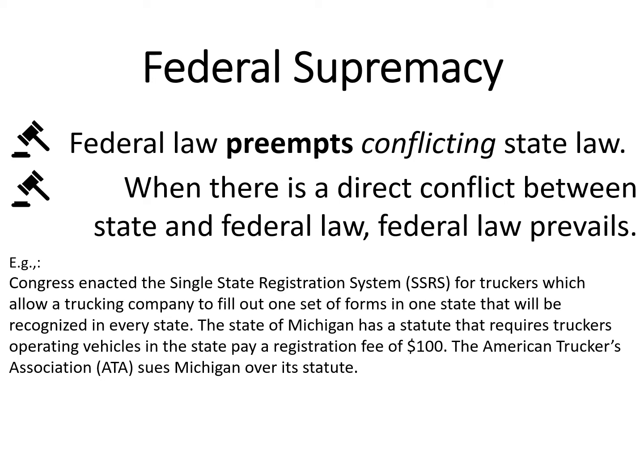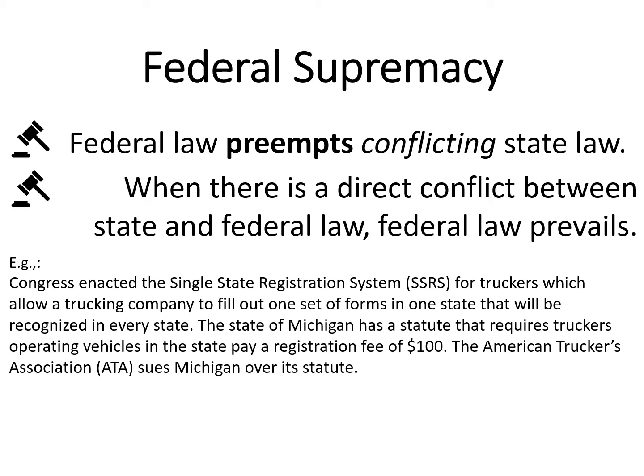Well, first of all, they're going to say, wait a minute. We're already paying a registration fee under the SSRS system. And we complied with this federal statute, which says that we have to register, and we can register once and it's good everywhere.